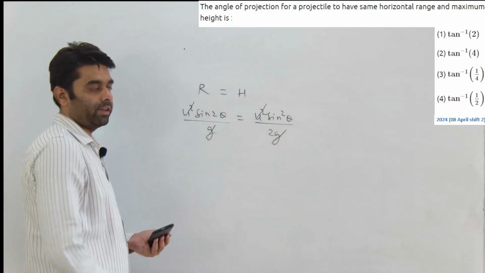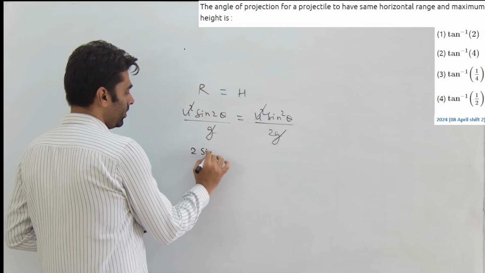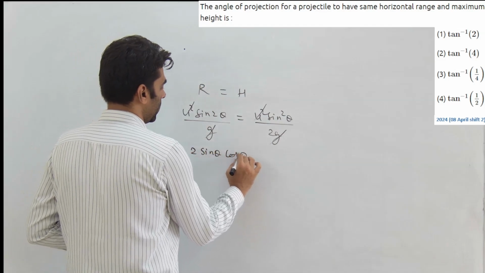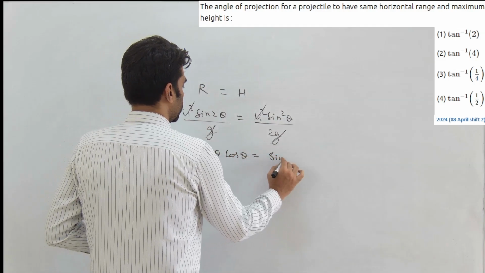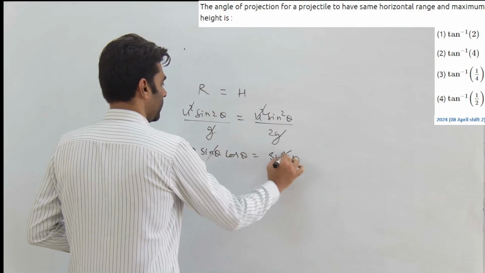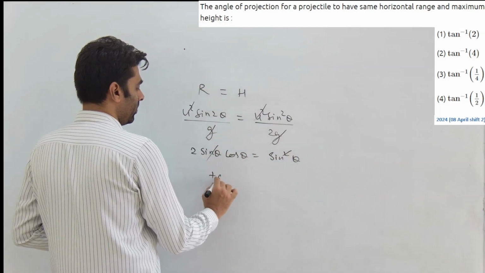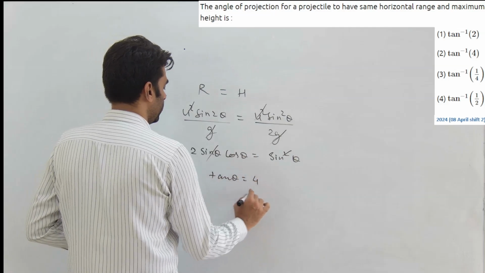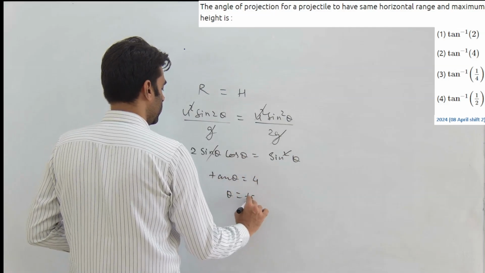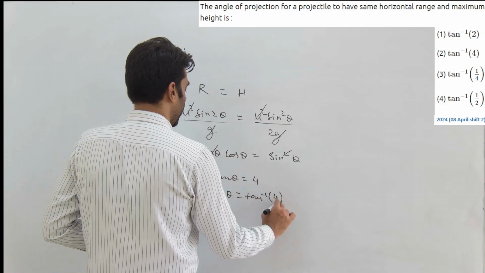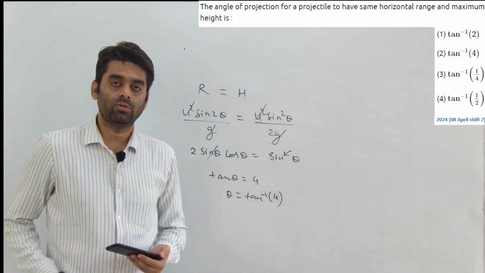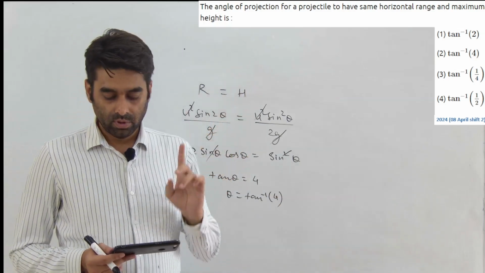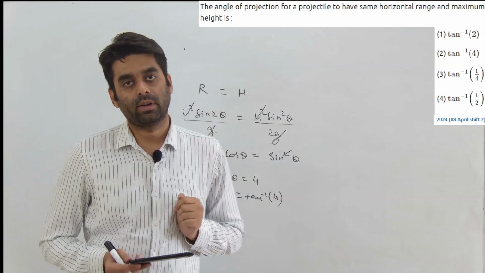Sine 2 theta we can write as 2 sine theta cos theta, equal to sine square theta. Sine theta again cancels. When we solve it, we get tan theta is equal to 4, so theta equals tan inverse of 4. Check your options. Option number 2 will be the correct answer.